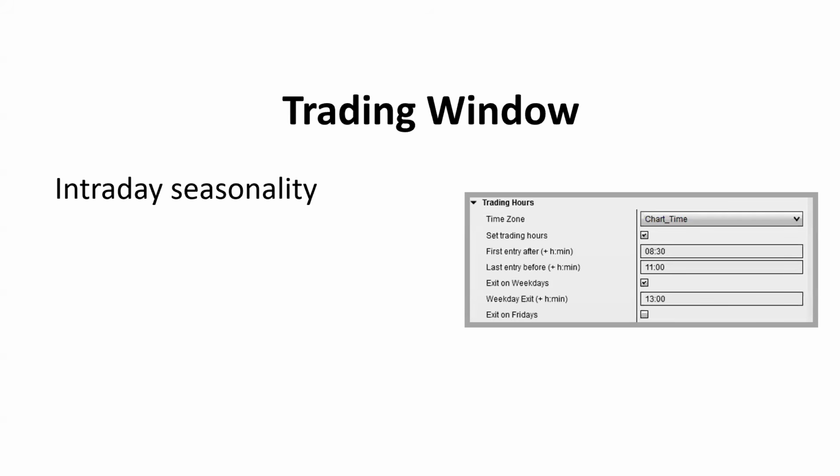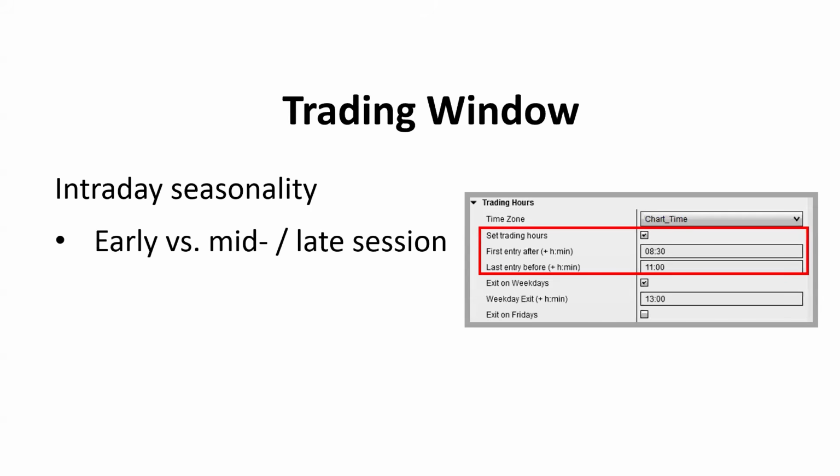That's partly about intraday seasonality, the fact that some setups work well in high volatility environments, like early in the session, and others perform better during range-bound and low volatility scenarios. So instead of trading the entire session, you'll want to define a specific time window when the setup is more likely to produce consistent results.